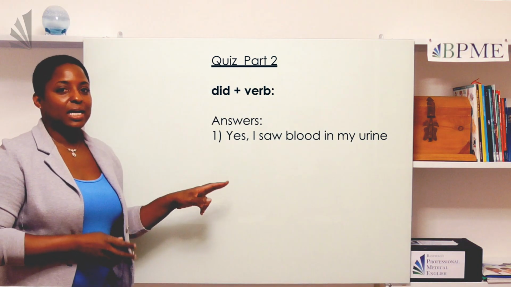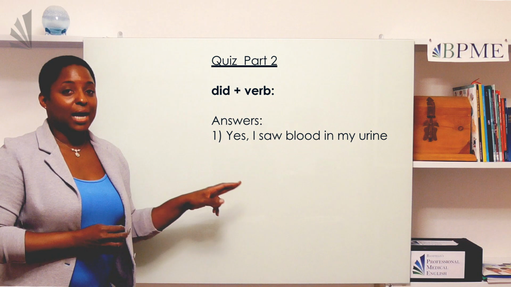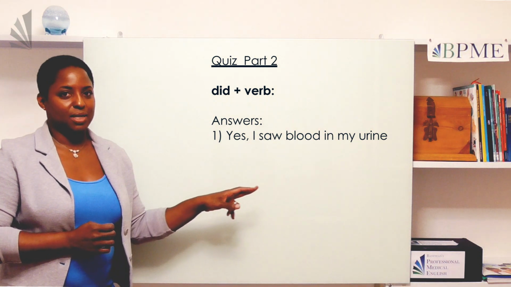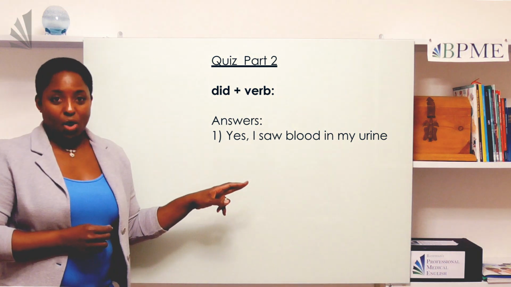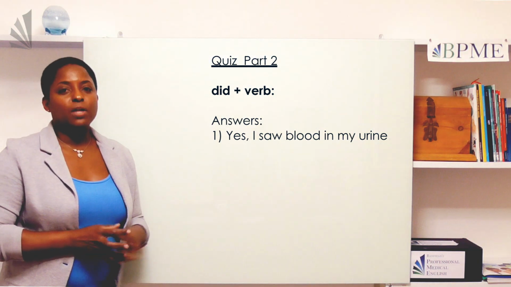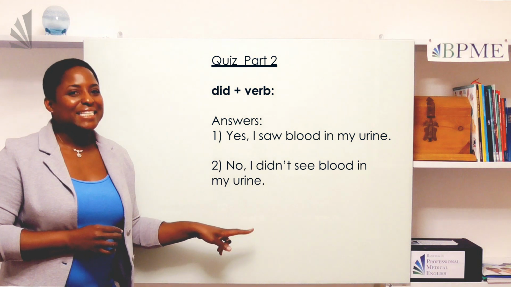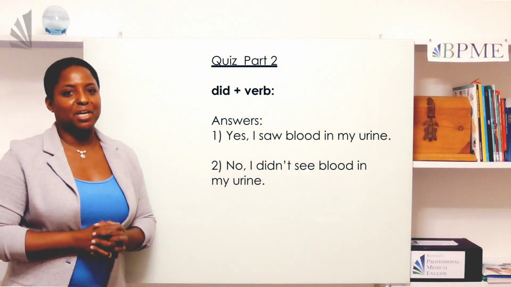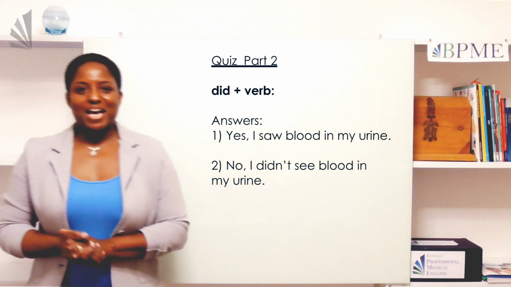They say, yes, I saw blood in my urine. Saw is the past tense of see. Or they say, no, I didn't see blood in my urine. That's it for now. Until next time, bye.